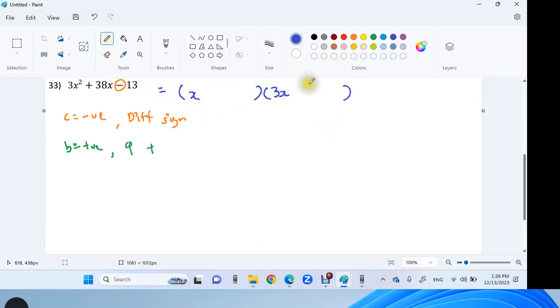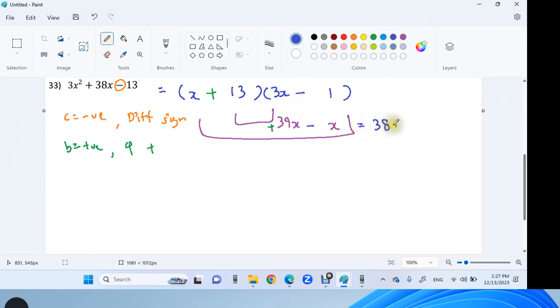So 13 is 1 times 13 or 13 times 1. So I will take 13 times 1. Why? It is because this one we multiply, we have 39x, and this is x. So the value of B is positive, so we have a positive here, then it is negative here. So it becomes 38x.